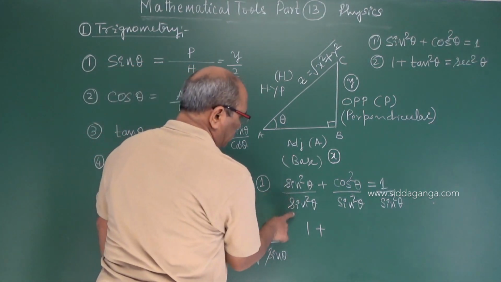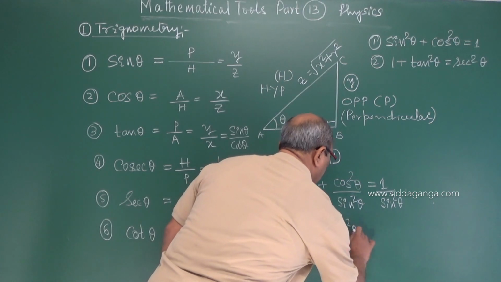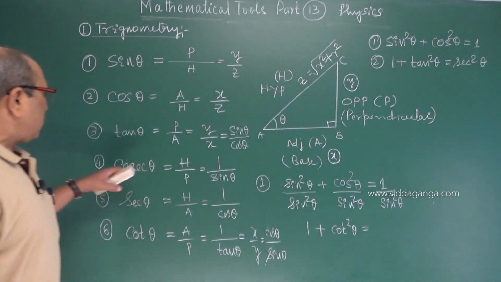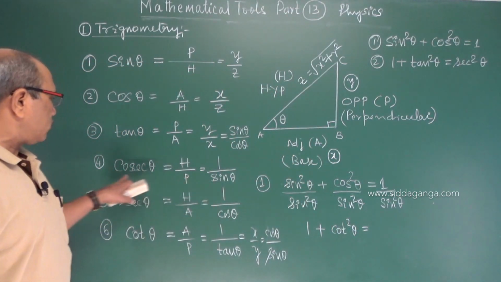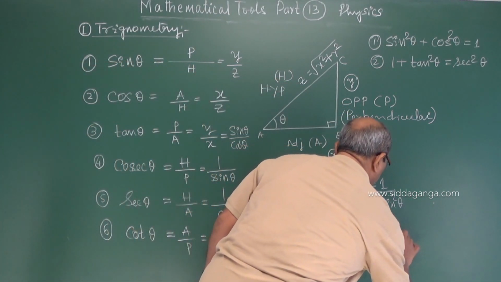So 1 by sin square theta, this can be written as cot square theta, and you know 1 by sin theta is equal to cosecant theta, so this you can write as cosecant square theta.